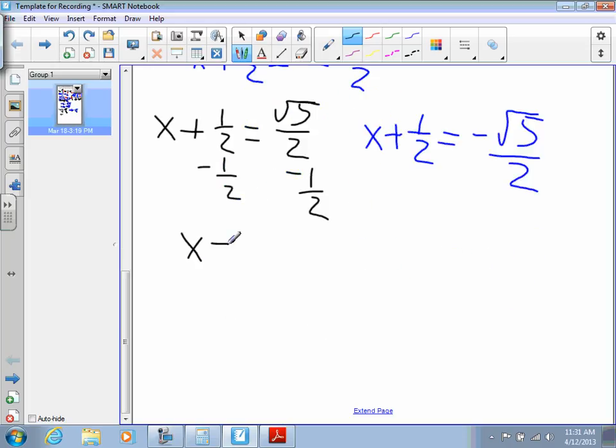And that'll give me x equals the square root of 5 over 2 minus 1/2. And over on this side, again, I'm going to subtract 1/2 from both sides.